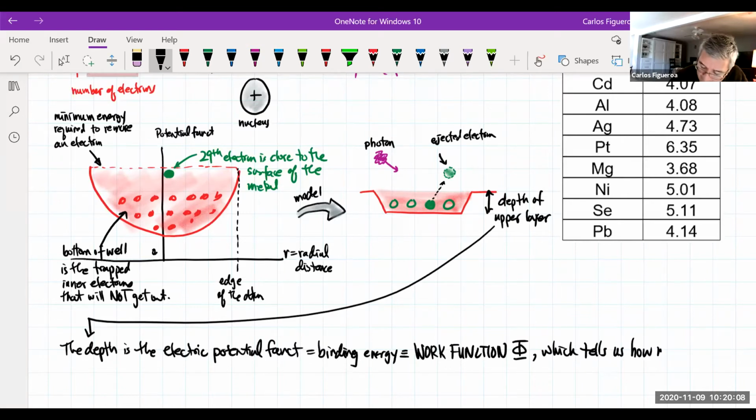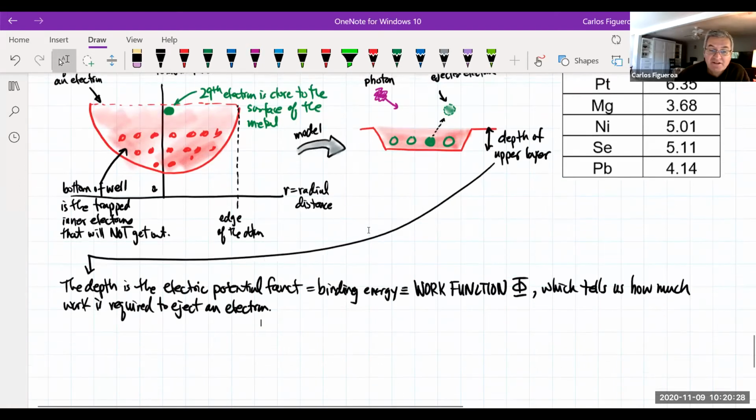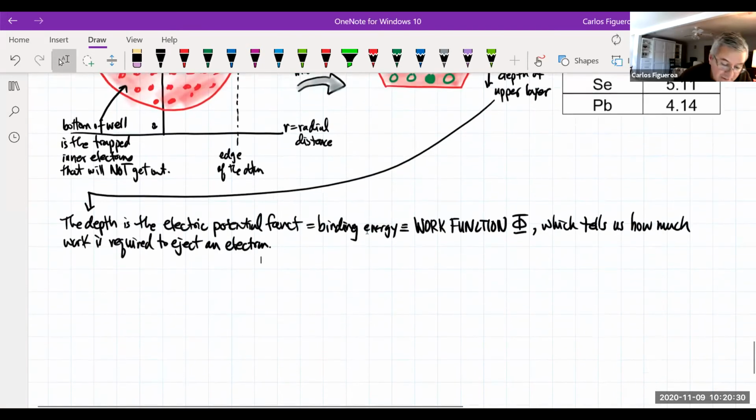how much work is required to eject an electron. So when I look at this picture, this is a quantum mechanical picture, but I think it's really a good one. It goes like this.